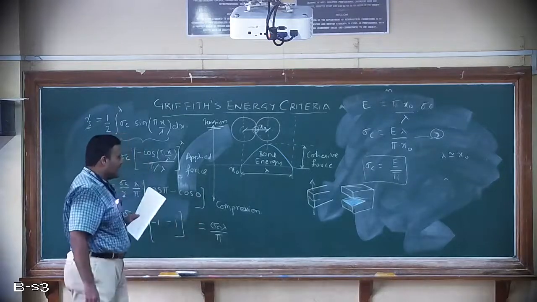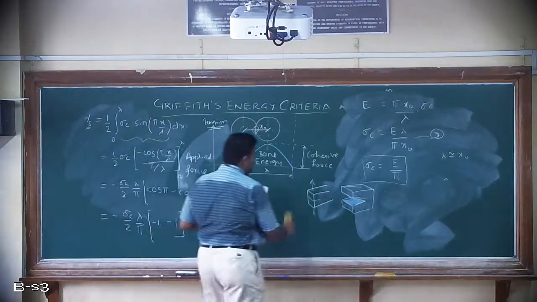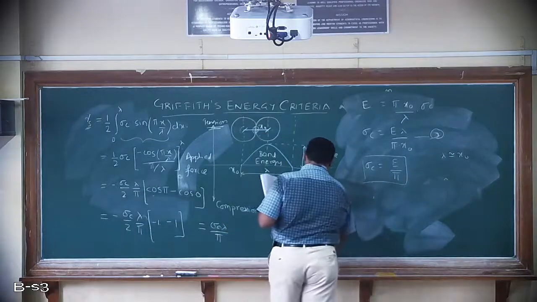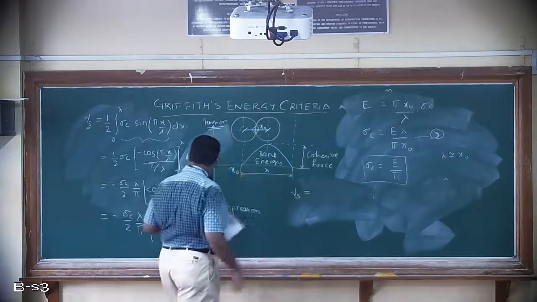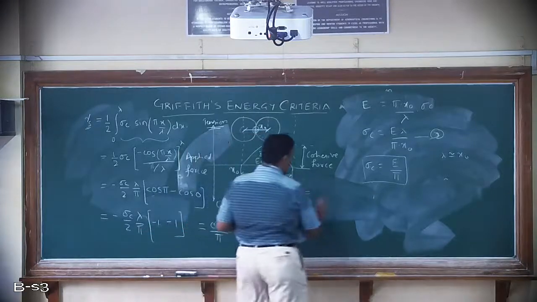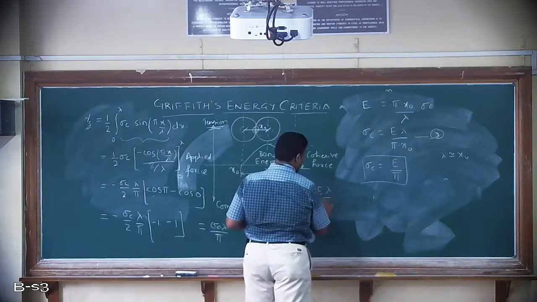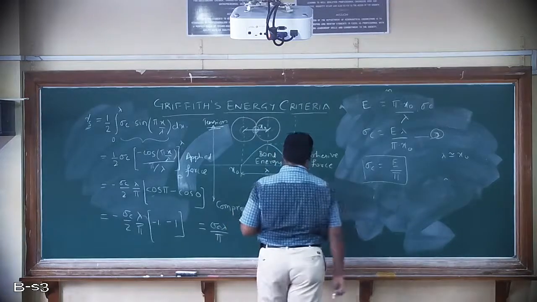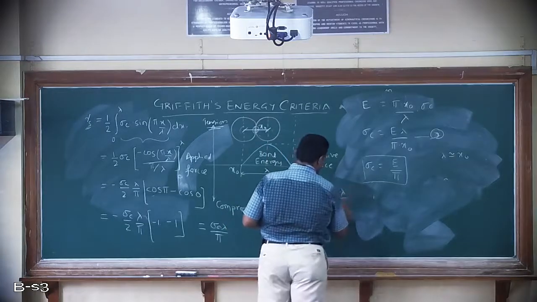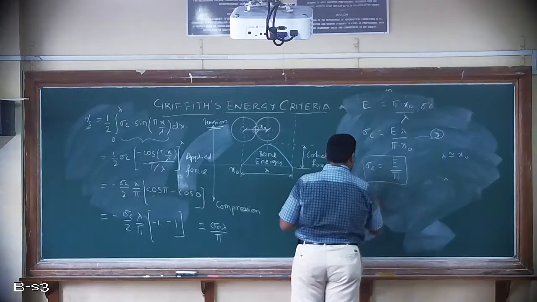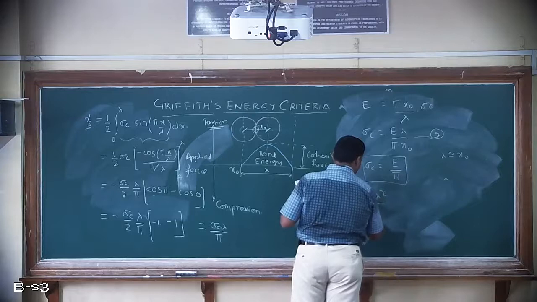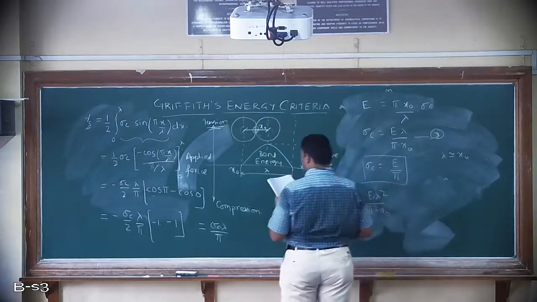So I get that equation as nu s will be equal to: sigma c can be written as E lambda by pi into x naught into lambda by pi. So here this can be written as E into lambda square by pi square x naught, that is nu s.